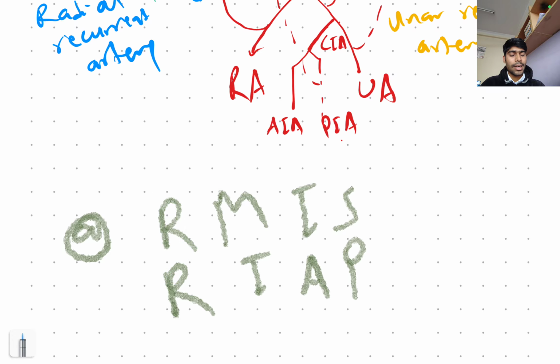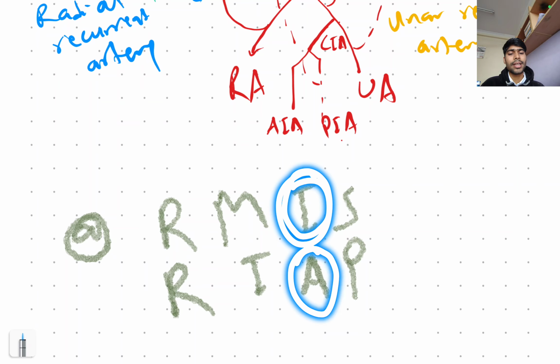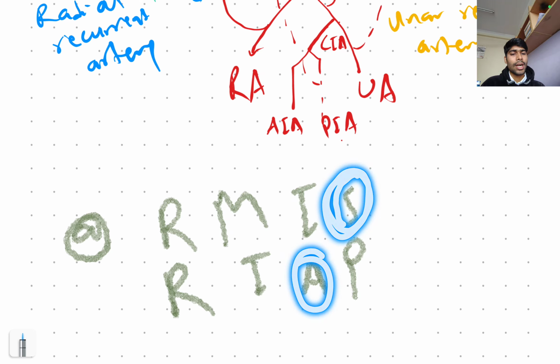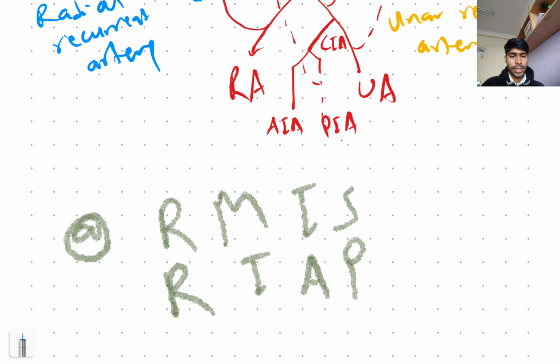This radial collateral artery forms an anastomosis with the radial recurrent artery, and the middle collateral artery forms an anastomosis with the interosseous recurrent artery, and the inferior ulnar collateral artery forms an anastomosis with the anterior ulnar recurrent artery, and the superior ulnar collateral artery forms an anastomosis with the posterior ulnar recurrent artery.